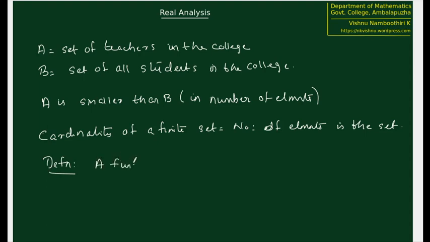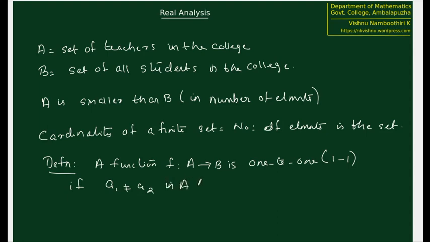A function f from set A to set B is one-to-one, in short we write using the symbol, if a1 not equal to a2, where a1 and a2 are elements in A, implies that f of a1 not equal to f of a2.